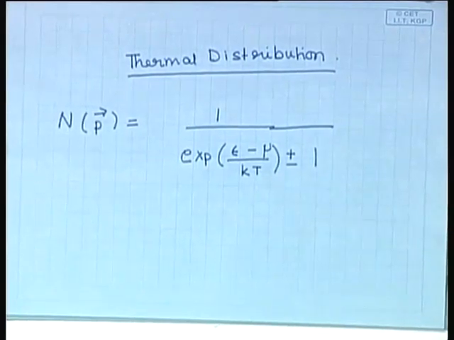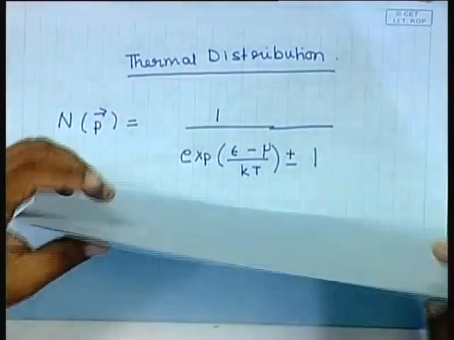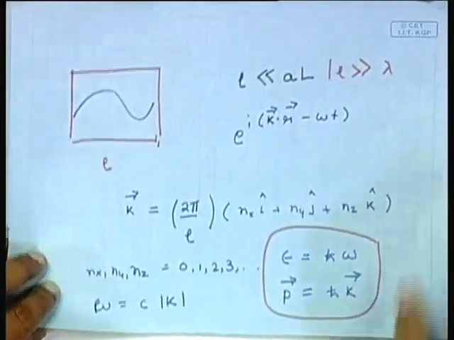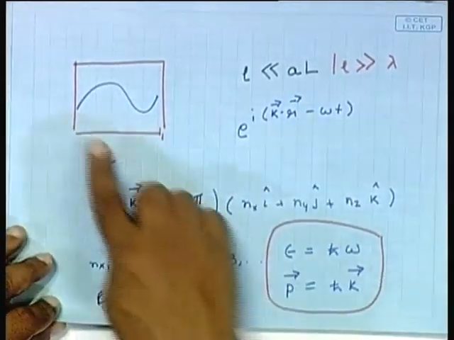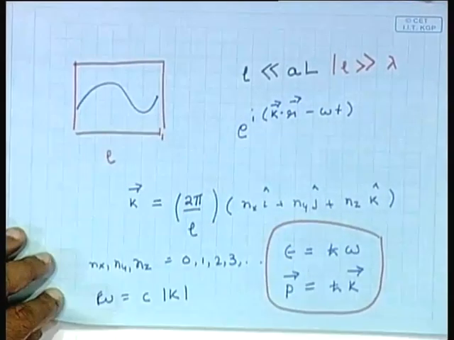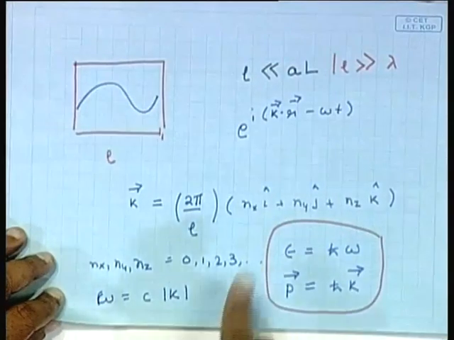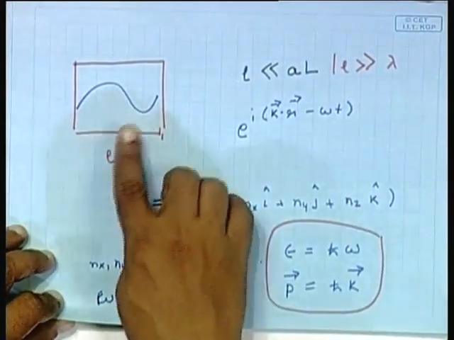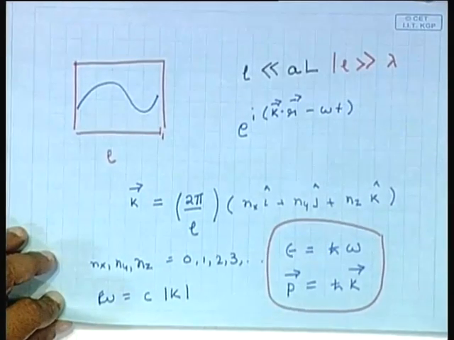Okay. So, let me again explain to you what we are doing. We started off by considering photons. So, we considered a region of space, and the electromagnetic field inside this region of space we decomposed into modes. The excitations of these modes we identified as particles called photons.